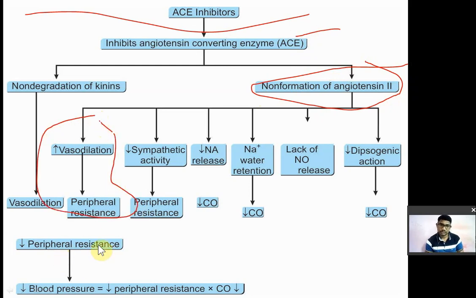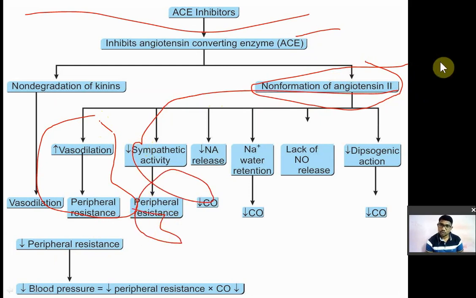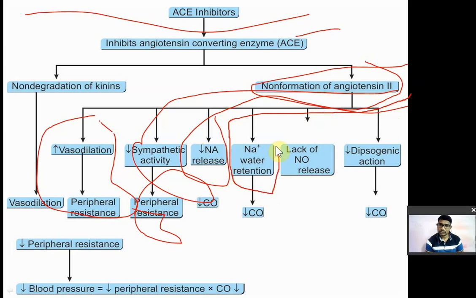Decreases the peripheral resistance. Then again, if there is no formation of angiotensin second, there is a decrease in the sympathetic activity and in the peripheral resistance. That decreases the noradrenaline release and cardiac output. If no angiotensin second is formed, there is no stimulation of aldosterone and no water and sodium retention, which also decreases the cardiac output.